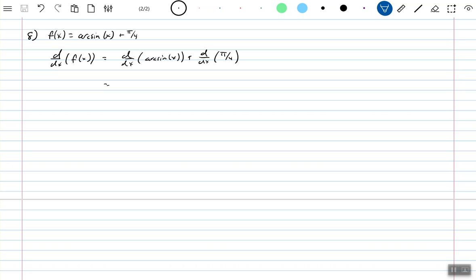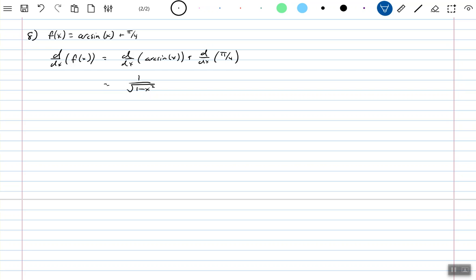So we have dy dx of arc sine of x plus d dx of pi over 4. Now, the derivative with respect to x of arc sine of x is just 1 over the square root of 1 minus x squared. So that term's done, plus the derivative of pi over 4. What is the derivative of pi over 4? Well, that is pi, yes.